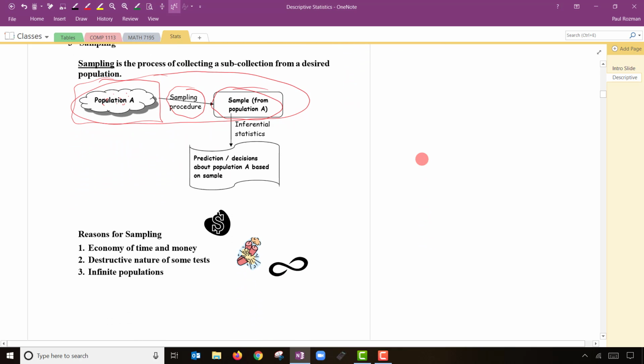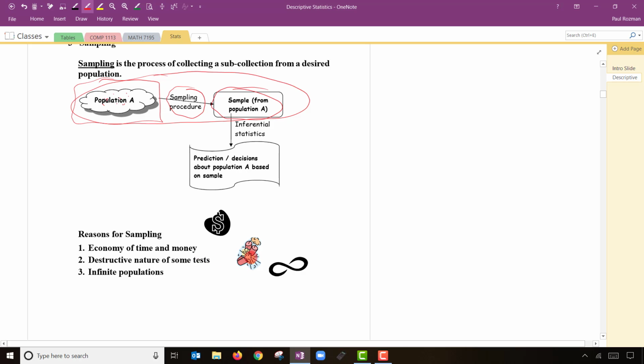We already mentioned this, but why would we ever sample over just study the whole population? Well, usually it's time and money. It's too expensive, or it would take too long to study every item in a population. Other times, whatever you're studying, you might have to destroy it in order to do the study.